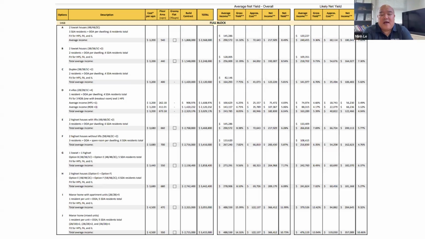Anyway, this here is an outcome where we show clients with bigger blocks and bigger budgets all the scenarios in front of you. A villa, 4-pack villas, a duplex only, a 2 low-set side by side with a split block. Could be 2 high-set houses, with a lift obviously.